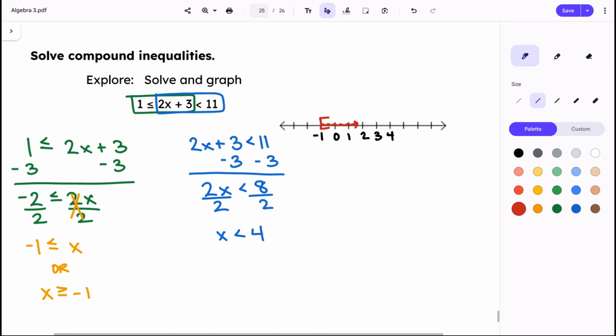Okay, now at the 4, is it a parenthesis or a bracket? Parenthesis, and which way do we shade? To the left. So they're going to overlap there in the middle. So then if I want to write this out as one single notation, I would say bracket negative 1, comma 4, parenthesis. We want to keep using that notation that we've been learning about.